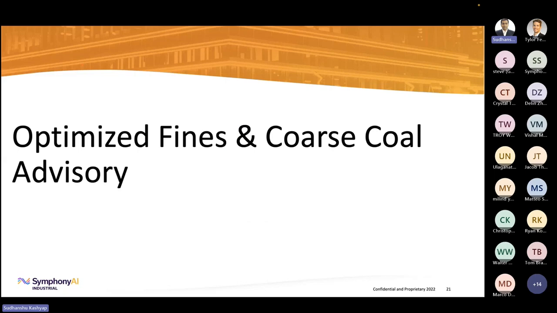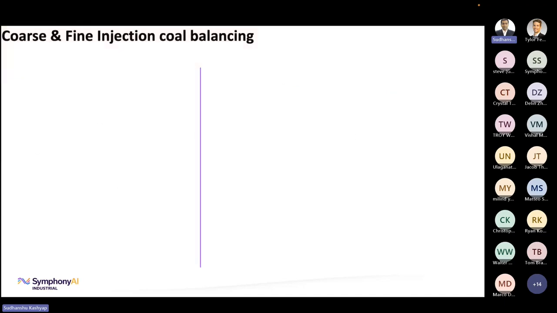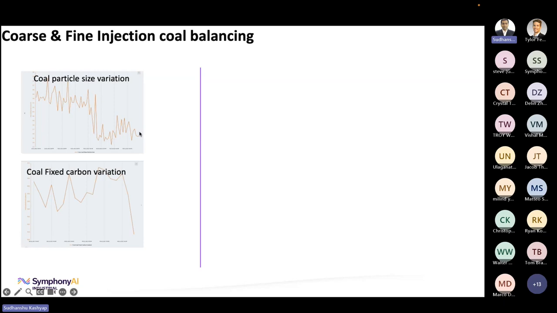We talked about the fine and coarse coal problems, so that is being done to ensure that there is a good distribution of carbon in the kiln. But if particle size variation happens, you can see here an example of the mean particle size and how it is changing over time, and also the properties of coal change. So the coal fixed carbon varies.